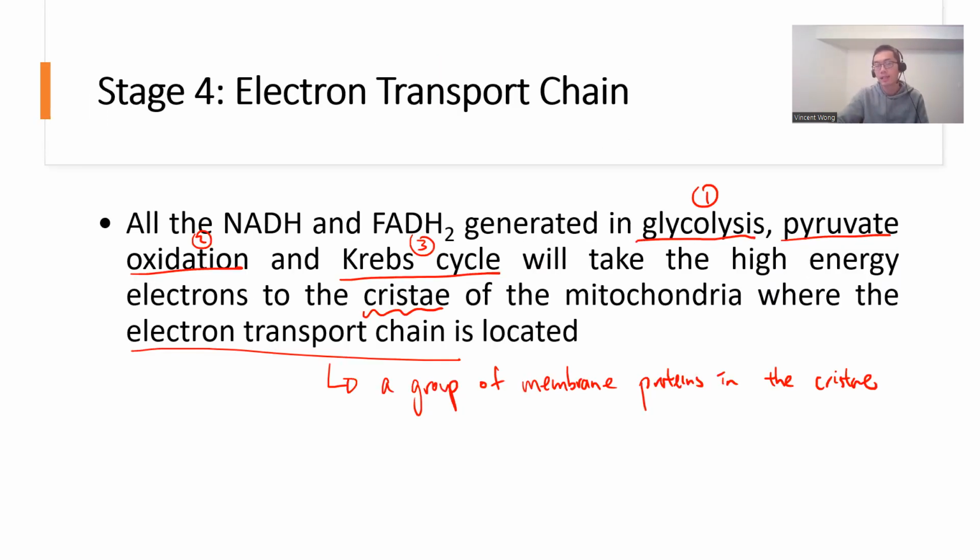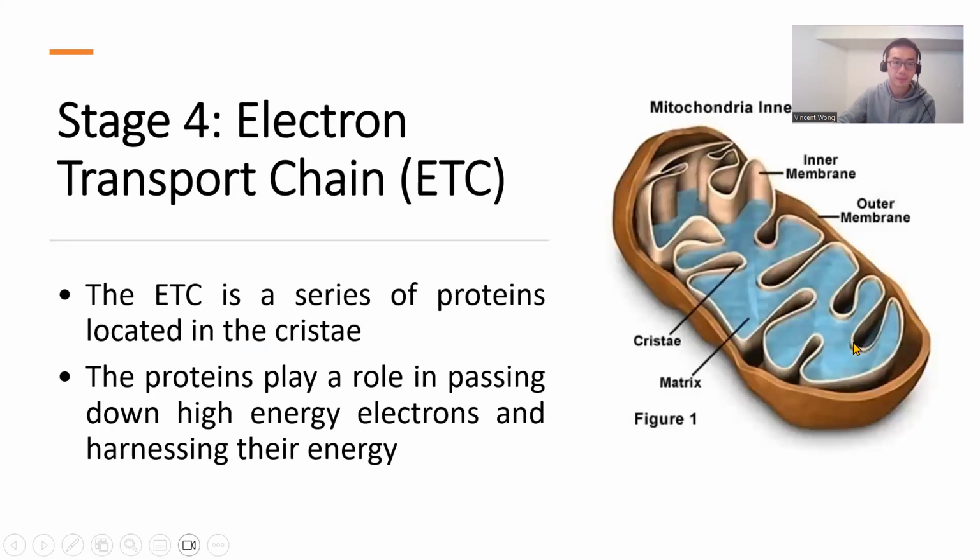The key thing to know is it allows the electron to be passed down these proteins, and in doing so, you can extract the energy from these electrons. So series of proteins located in the cristae, I just wrote that. And it plays a role in passing down the high energy electrons and harnessing their energy.